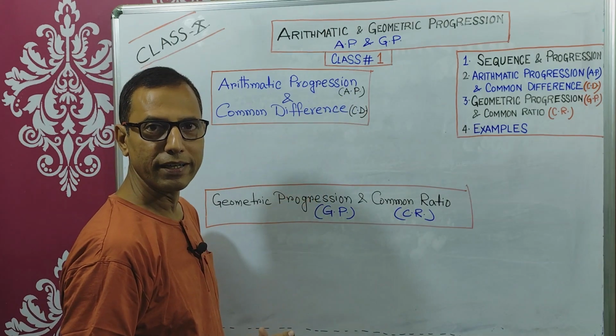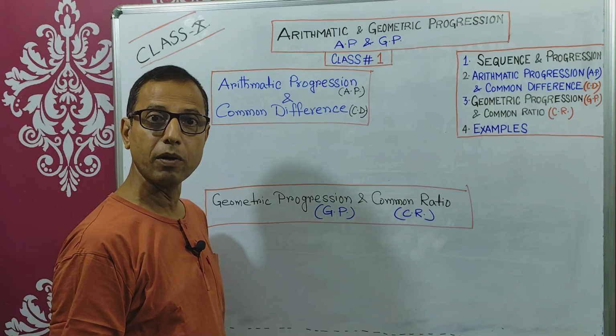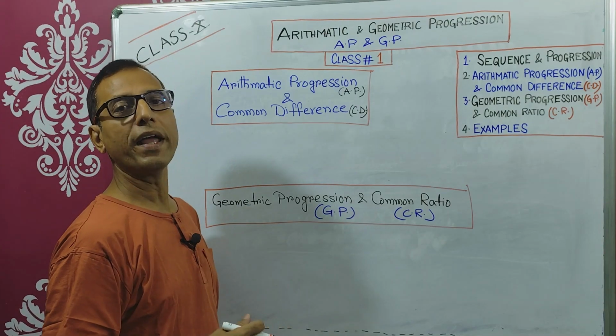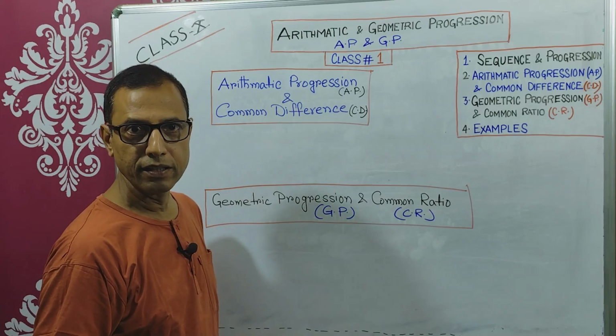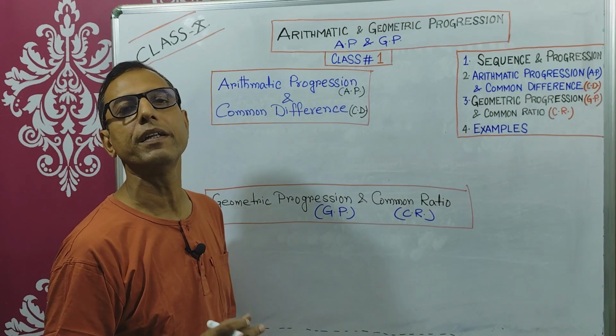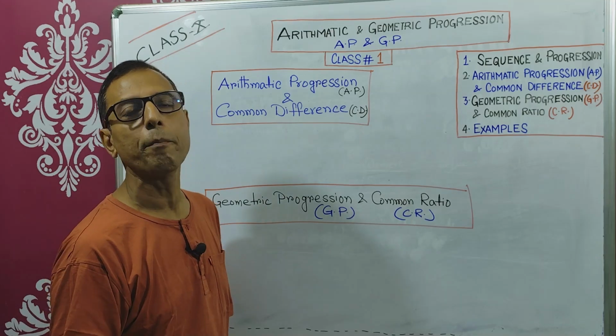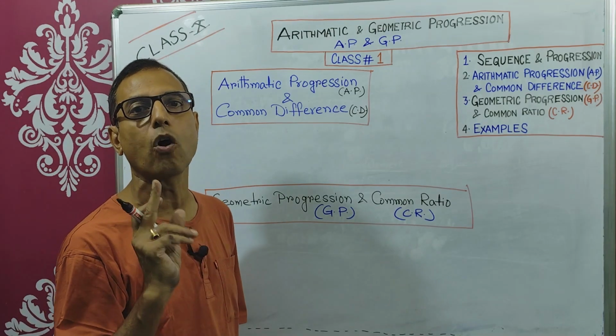Arithmetic progression is what we already understood about progression. When in a sequence any term or element is related to its predecessor or successor by a uniform law, that is called progression.